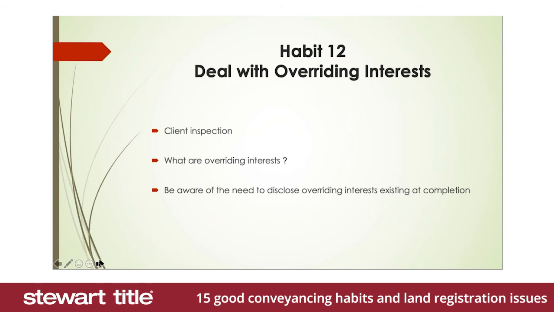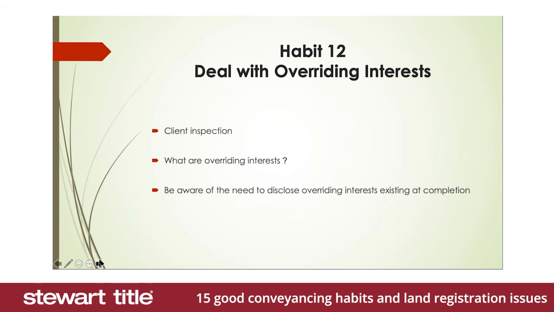If the buyer fails to do that, then there is a risk that if a claim for rectification is made against the title at a later date, and the rectification claim involves some aspect of an overriding interest that was a disclosable interest that should have been disclosed, the Land Registry will maintain that the registered proprietor had not behaved reasonably and would lose the right of veto that they have with regard to a rectification claim.